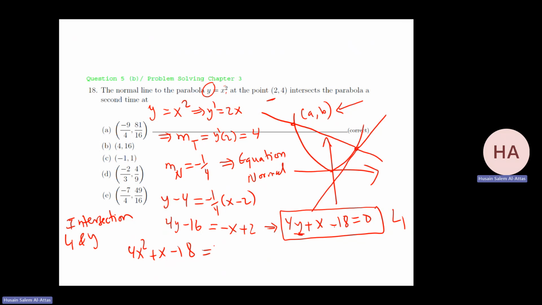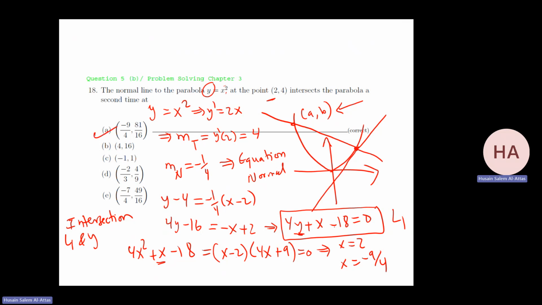Can I factor this? Yes. I know for sure 2 is one of the answers. So for sure I have x minus 2, and I have 4x plus 9. Check: this is minus 8x plus 9x, which is plus x, minus 18. So I have x equals 2 and x equals minus 9 over 4.